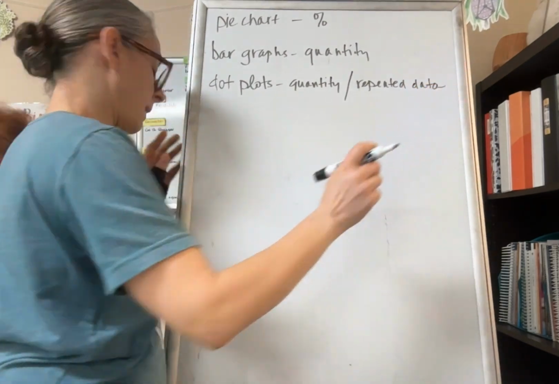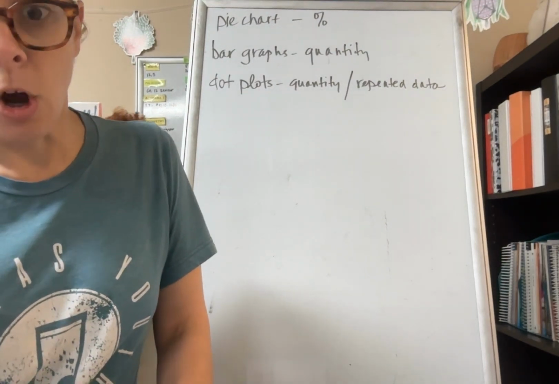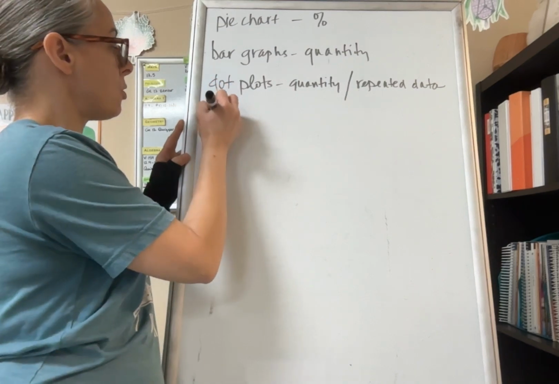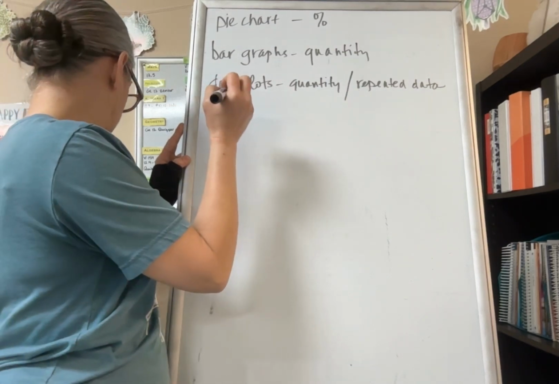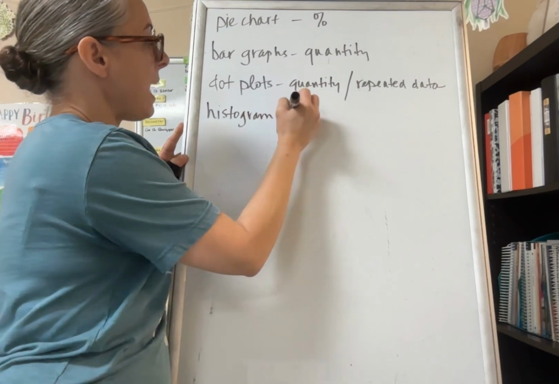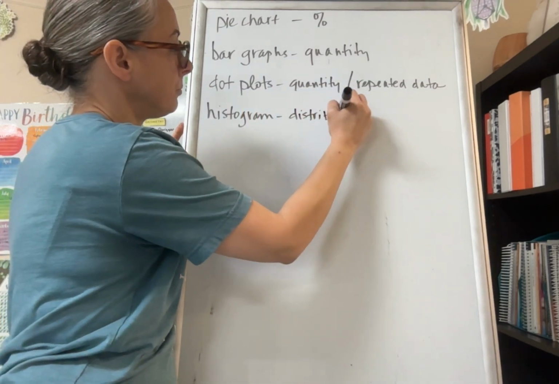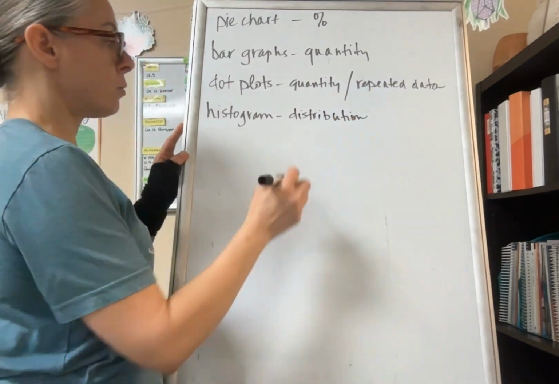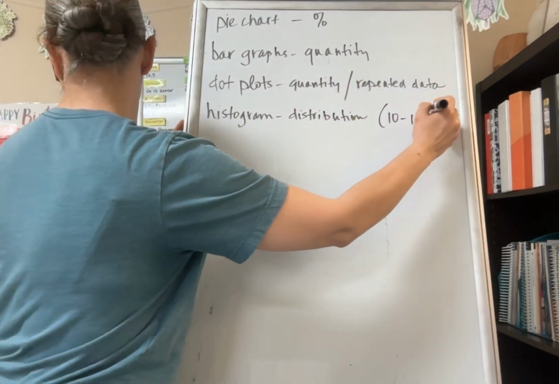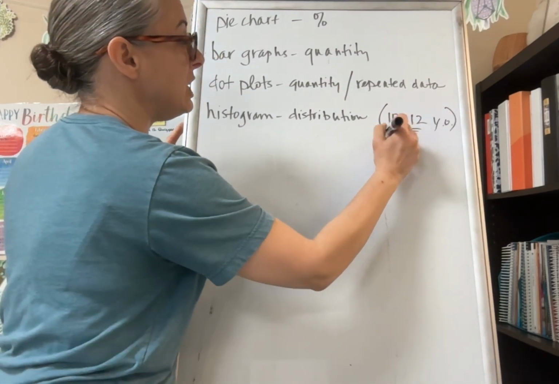Okay. Thank you. And then histograms are used for distributions. So it's when we have a range of information, right? So we're saying like ages 10 to 12, right? So there's a range.